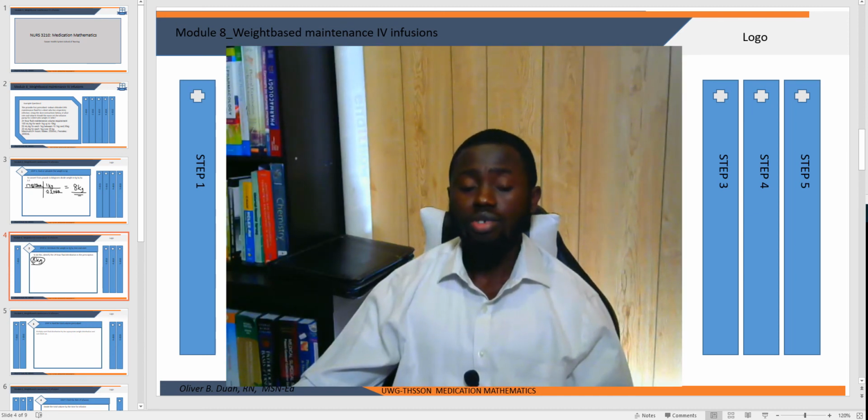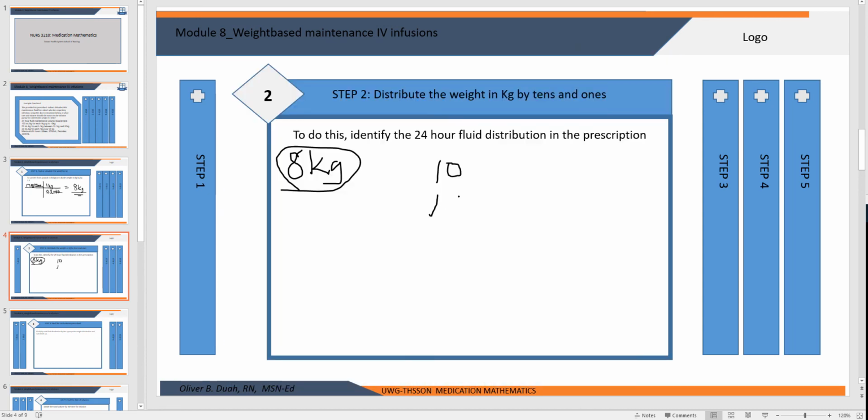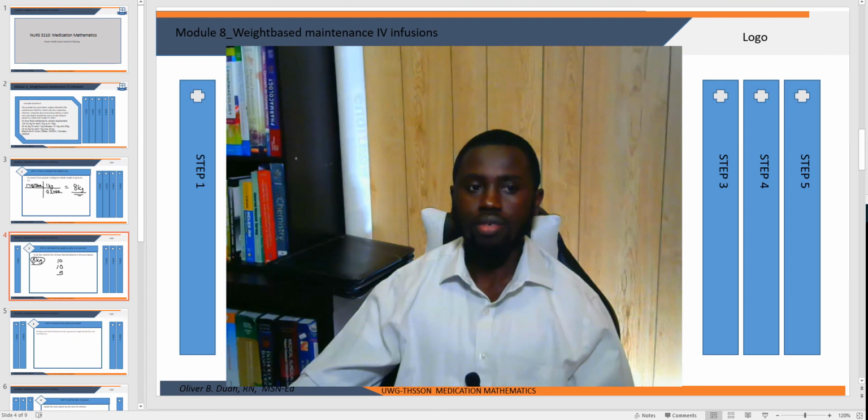What if we had a weight of, say, 25? Then we can have 10, 10, and 5. We will look at some examples with more than 20 kilograms, but let's go on. We have only 8 kilograms, so we do not need any further distribution.